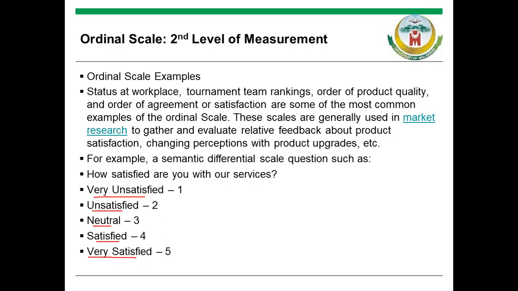Very unsatisfied is represented by 1, unsatisfied is represented by 2, neutral is represented by 3, satisfied is represented by 4, and very satisfied is represented by 5. I'm very sorry, these are not minus values, these are levels. So these 1, 2, 3, 4, 5 are levels of satisfaction.